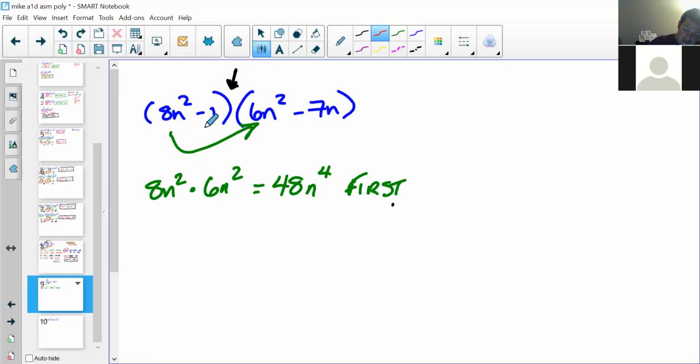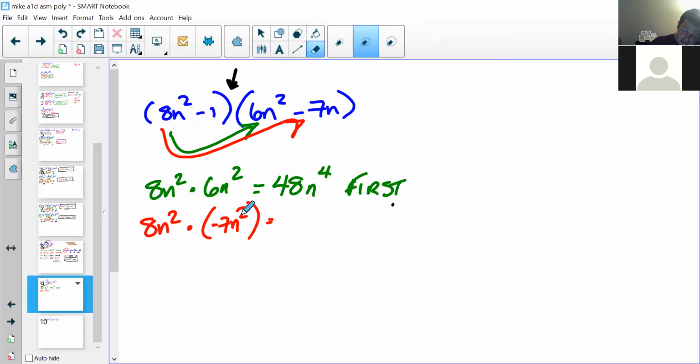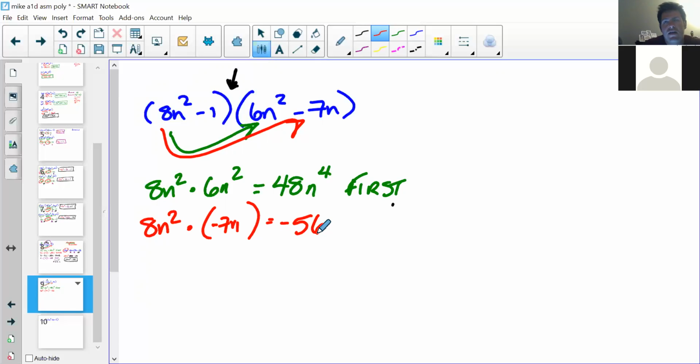Go ahead and now do 8n squared and distribute that to the negative 7n. And gotta go ahead and erase that. So we have 8 times negative 7 is negative 56. And then I have n squared times n.